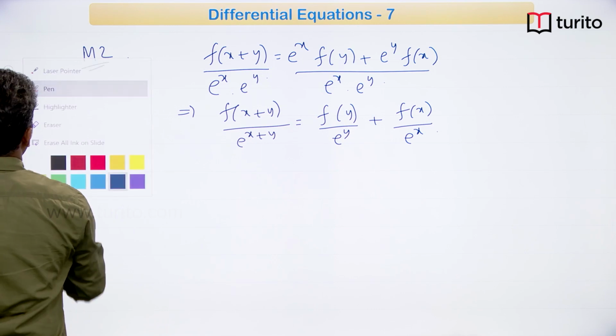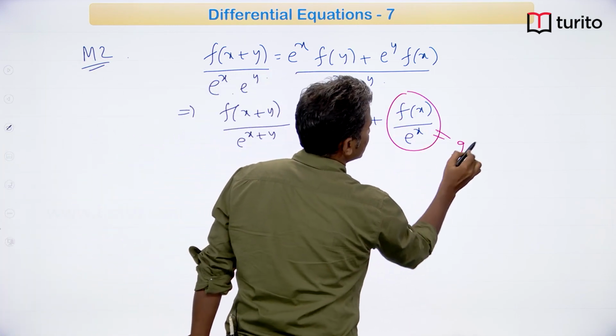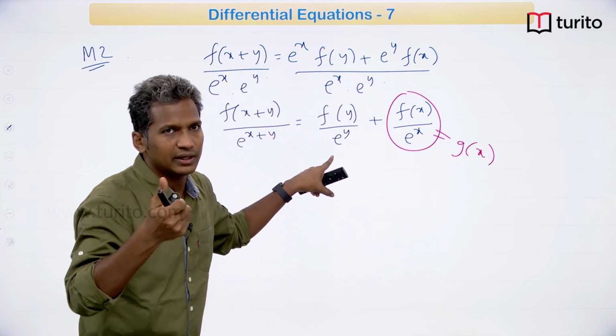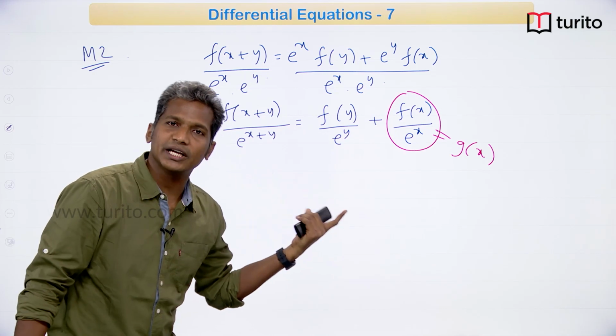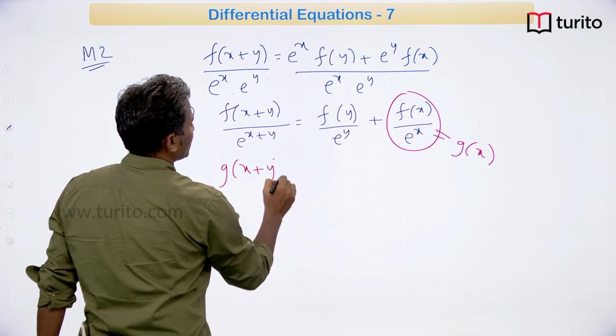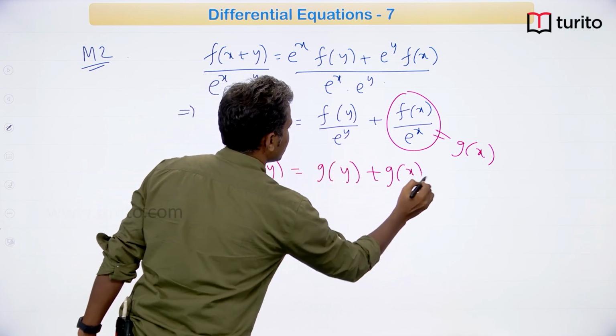Now let us say if I assume f of x by e raised to x as g of x, then this term becomes g of y, and this term becomes g of x plus y. So we can write this as g of x plus y is equal to g of y plus g of x. Okay.